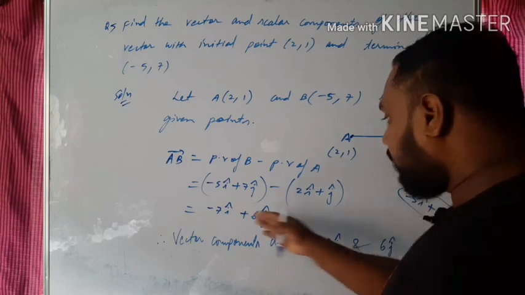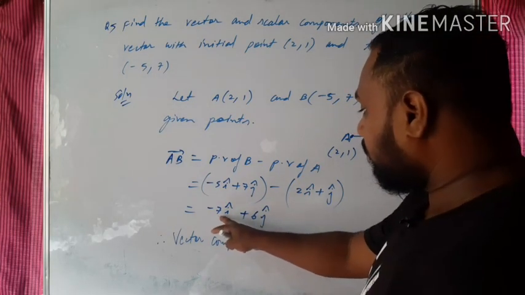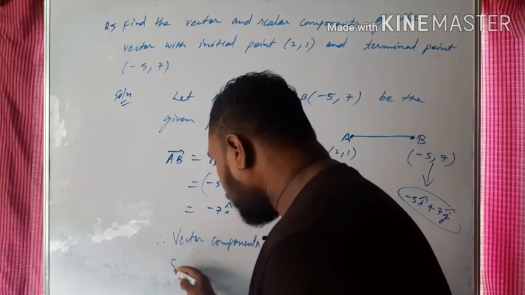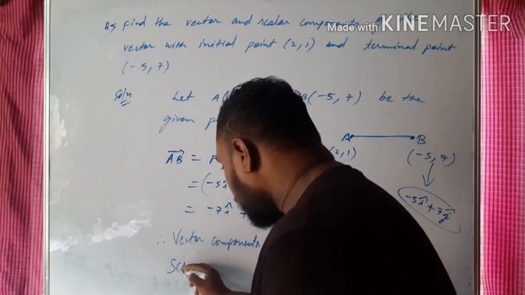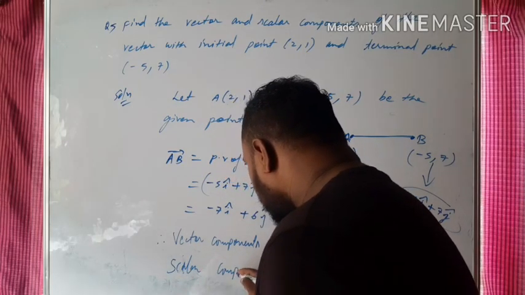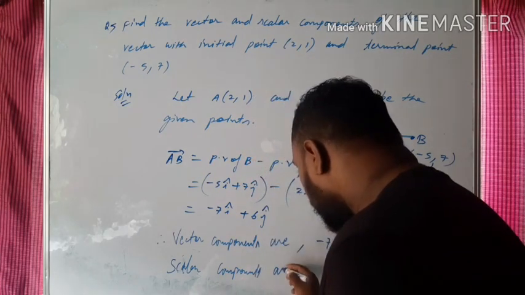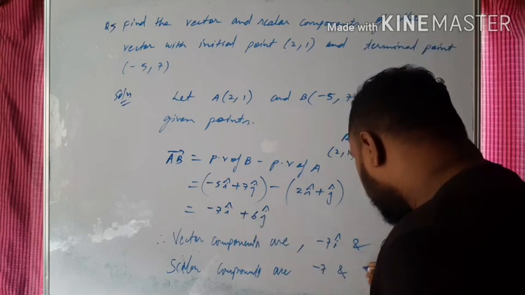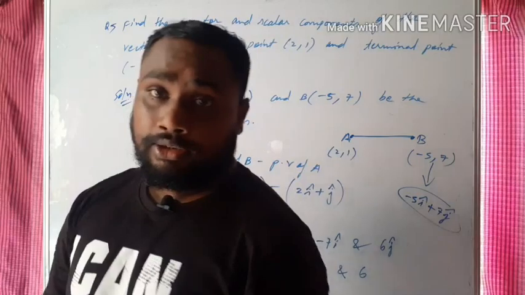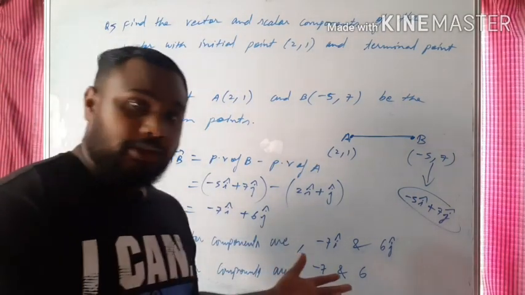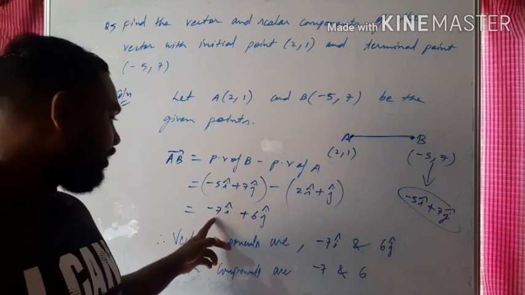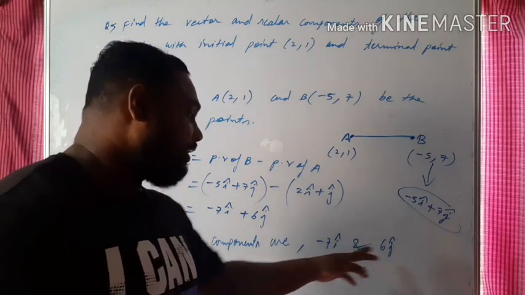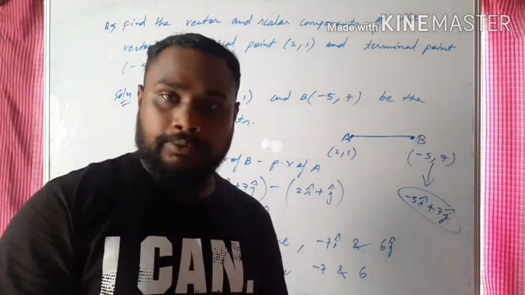I have a vector and its vector components are -7i and 6j, and the scalar components will be -7 and 6. The word scalar itself tells that it will be a constant only. So these are the scalars, -7 and 6. These are the scalar components, and if I include i, j like that, they will become the vector components. Hope it is clear.